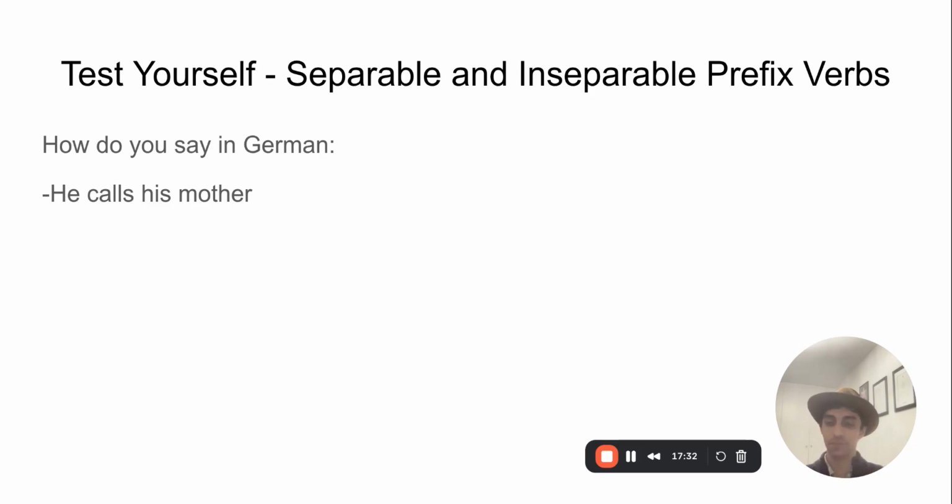That's the infinitive form. And of course, you need to think through whether that prefix is separable or inseparable. So first identify the prefix, then think about whether that's a separable or inseparable verb. Once you've decided about that, you then need to conjugate it or use it correctly, decide on what tense this sentence would go into in German, and translate the rest of the information too.